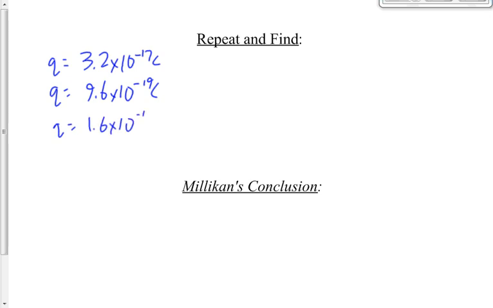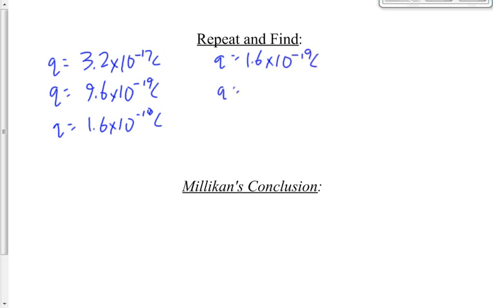But guess what happens? When he solves for the charge of an oil drop, he gets a number that's maybe 3.2 times 10 to the minus 17 coulombs. Or maybe he gets another one that's 9.6 times 10 to the minus 19 coulombs. Or another one that's 1.6 times 10 to the minus 18 coulombs. Or 1.6 times 10 to the minus 19 coulombs.